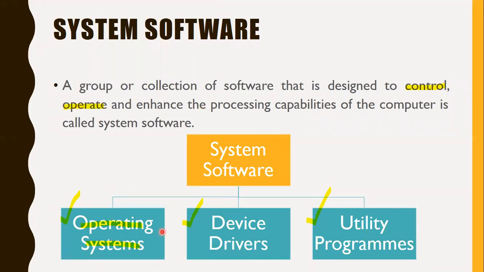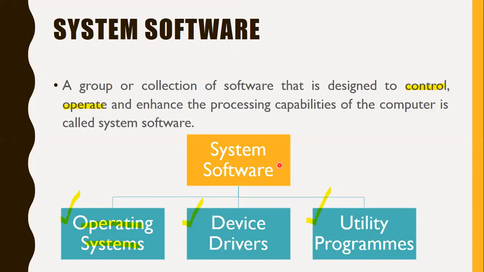In the previous lecture, we discussed the system software. Let's revise it again. System software is basically a collection of software that is designed to control, operate, and enhance the processing capabilities of the computer. System software is an essential part of a computer.